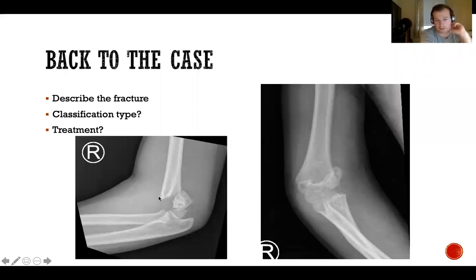So you want to check to see if you have a pulse. Additionally, there's a difference between warm pulseless and cold pulseless, which will help determine your urgency to take this patient to the OR. In terms of immobilization, you're not trying to reduce the fracture in the emergency room.